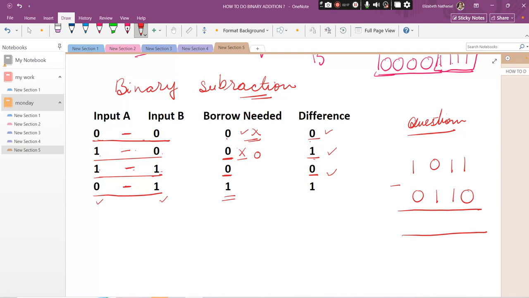And the reason why the answer will come 1 here is that if it is 0 and I am borrowing 1, it has become 10. In the previous video, you have seen 1 and 0 are the binary digits, right? So in normal maths, in the decimal form, 10 stands for 2.